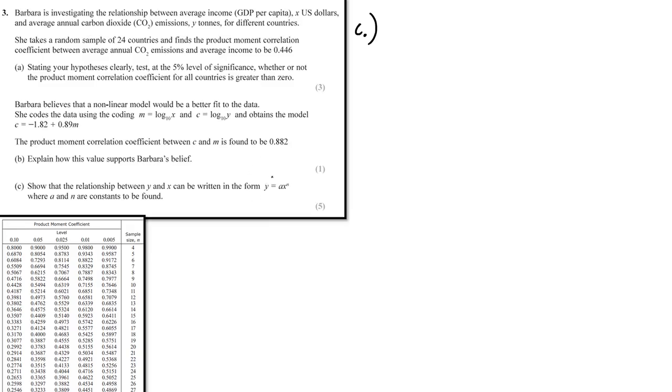Now to start with, we need to refer back to the model that we were given in part B. That's c equals minus 1.82 plus 0.89 m, and she used this code with these variables: m is equal to log x base 10 and c is equal to log y base 10.